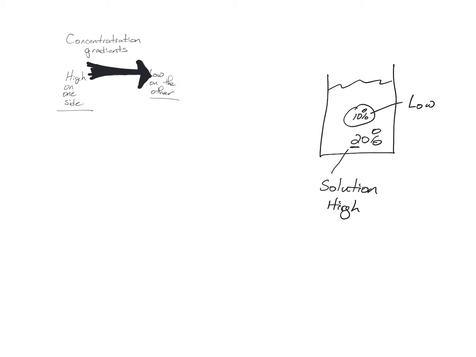Let me just ask this question just to round it off. Everybody sees that the solution is high and the cell is low? Any questions about that? No. All right. So that cell is low, and the solution is high.